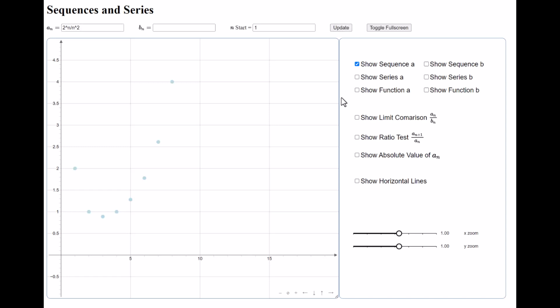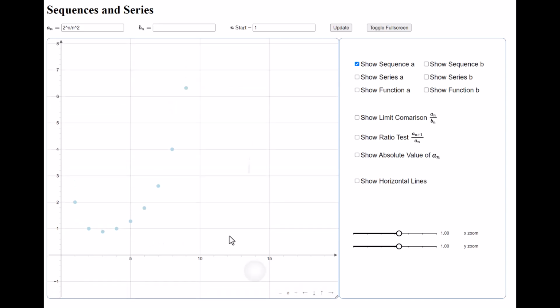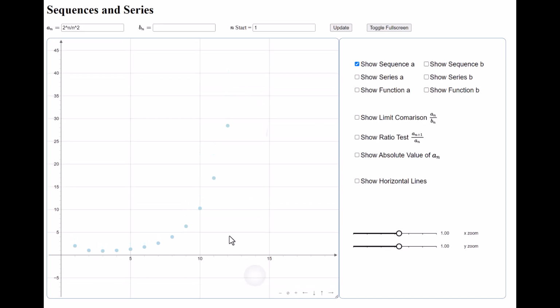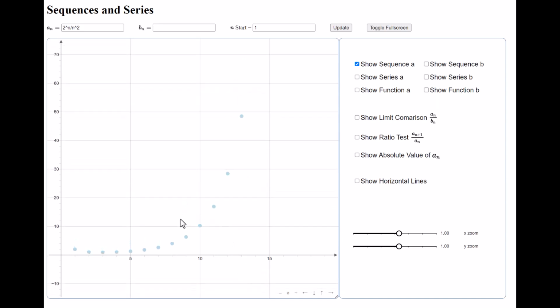When I draw this one, you can see the dots here. They tend to trend downward, but then they start trending upward again. And they're increasing pretty rapidly here. If I change the zoom settings a little bit, the thing about this is they're growing extremely rapidly here.